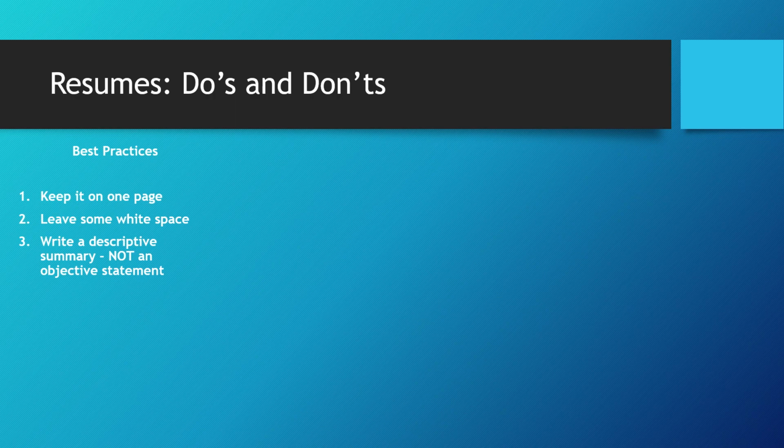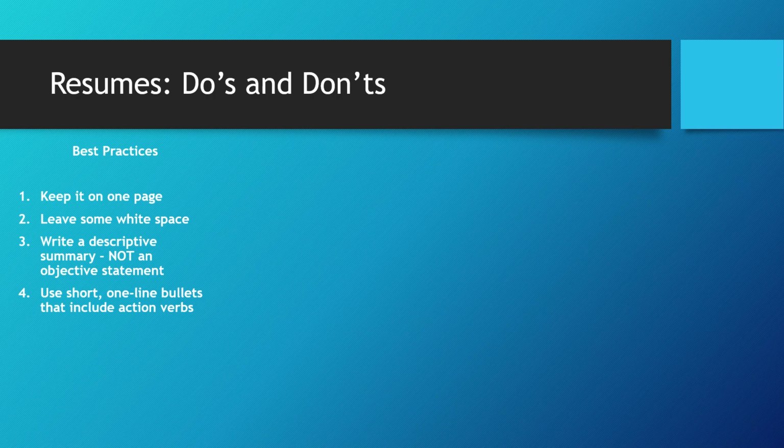So it could be more like, experienced copywriter with 10 years history working across different industries in medicine, finance, and law. I don't know, that wasn't a great example, but basically it's a quick pitch. It's just a couple of sentences that are going to highlight who you are and what you're pitching yourself as. That again replaces any type of objective statement that you would find at the top of the resume.